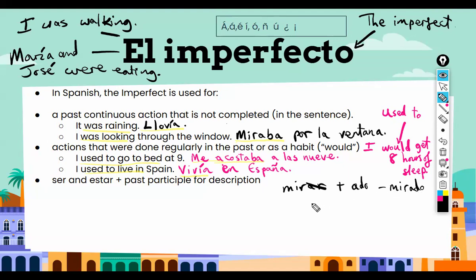If it's an ER or IR verb, like llover, to rain, or vivir, to live, we add IDO. Right? All right. So as a quick reminder, anybody using this, I'm going to clear it away, right? We need the space.